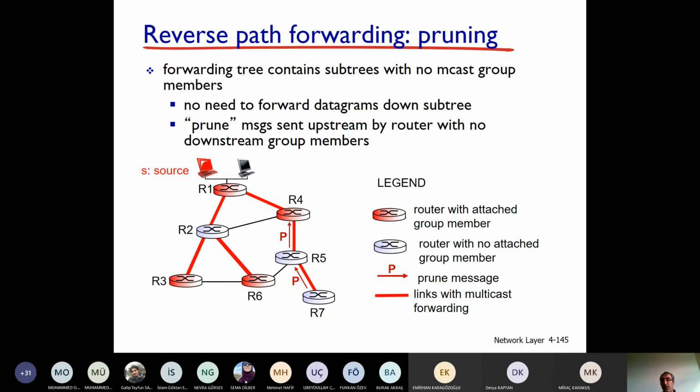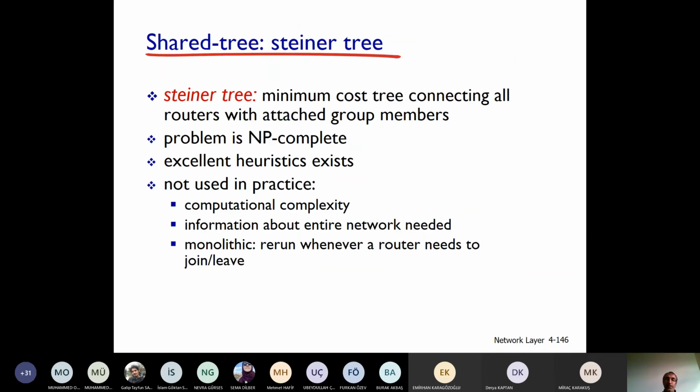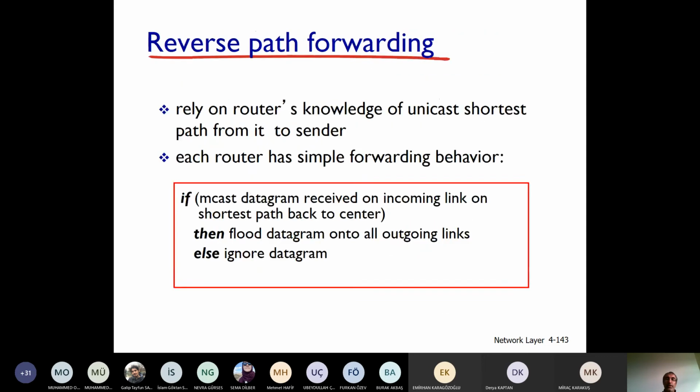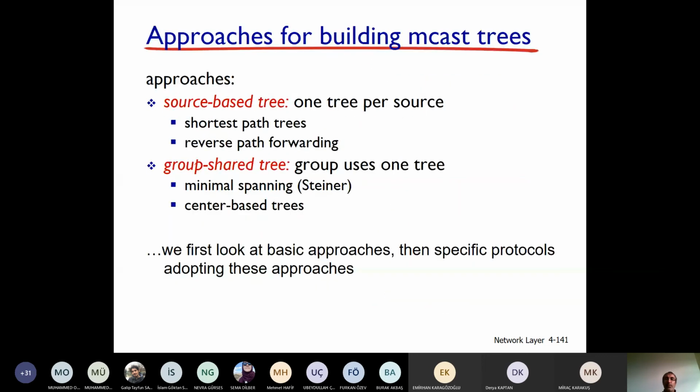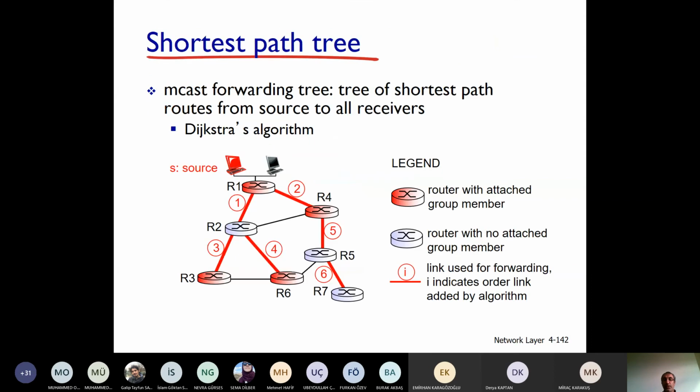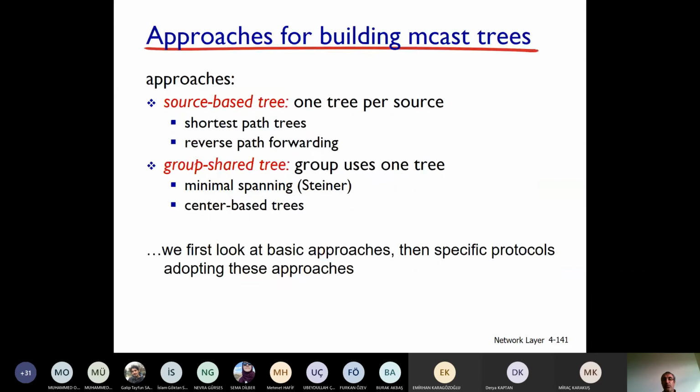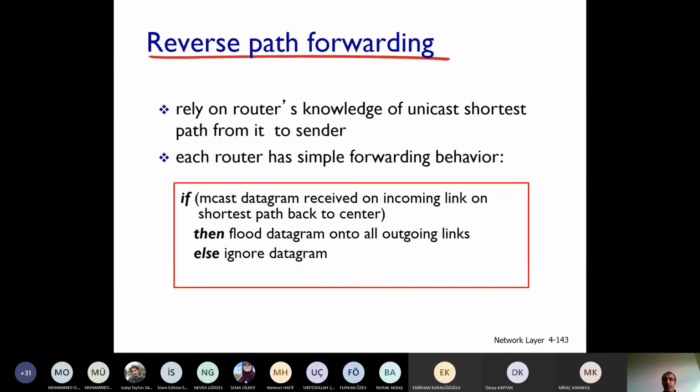So we cut it, which we call pruning. That was about the source-based tree, with one tree per source. And the second approach is the group shared tree, where the group uses only one tree.